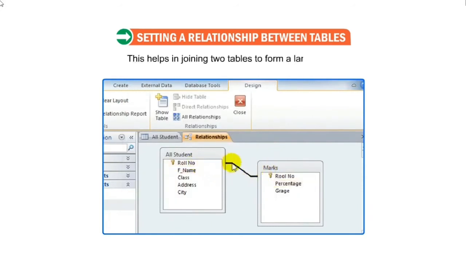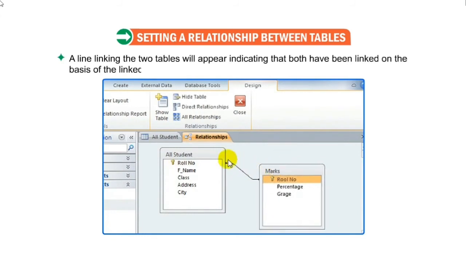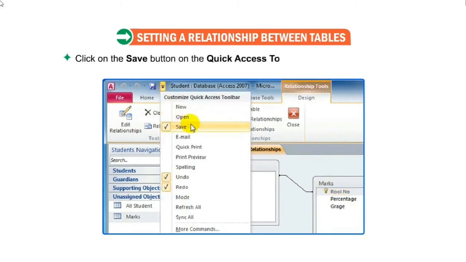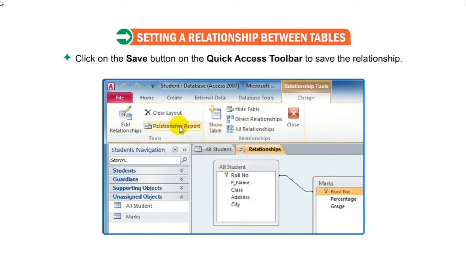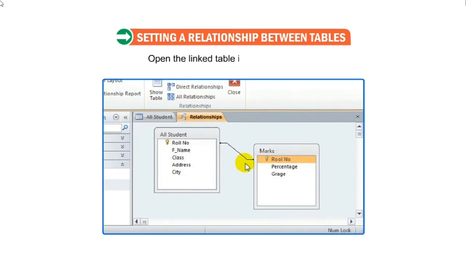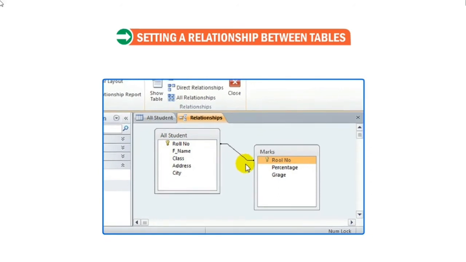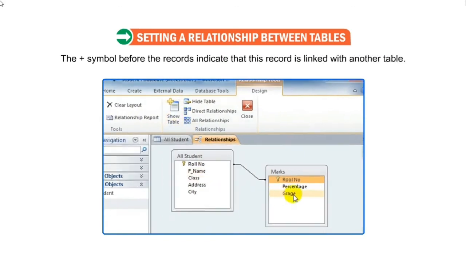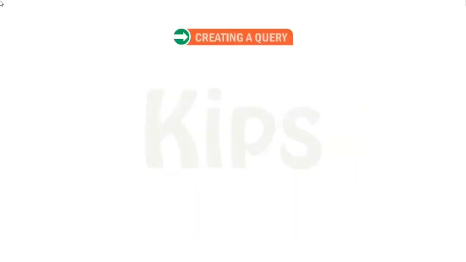This helps in joining two tables to form one large table. Thus, it reduces data redundancy and data inconsistency. A line linking the two tables will appear indicating that both have been linked on the basis of the linked field. Click on the Save button on the Quick Access toolbar to save the relationship. Open the linked table in Datasheet view. The plus symbol before the records indicates that this record is linked with another table.